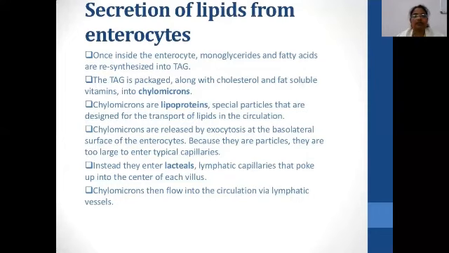Secretion of lipids from the intestinal cell or the enterocytes. Once inside the enterocyte, monoglycerides and fatty acids are re-synthesized into triacylglycerol. The triacylglycerol is packaged along with cholesterol and fat-soluble vitamins into chylomicrons. The chylomicrons are lipoproteins, special particles that are designed for the transport of lipids in the circulation.